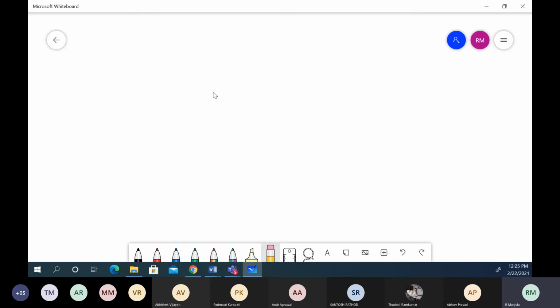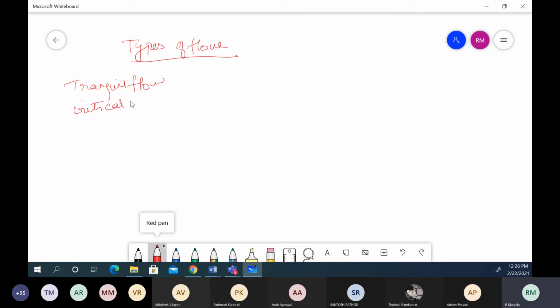Now we will see what are the different types of flow. Depending upon the critical depth as well as your real depth, we can classify the flow into different types. One is, as I have just told, tranquil flow, critical flow, rapid flow.